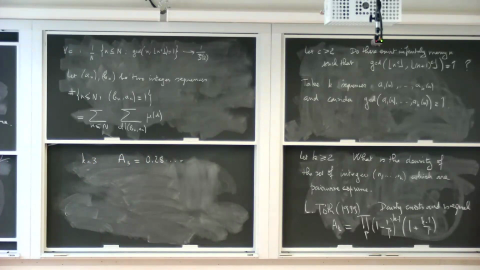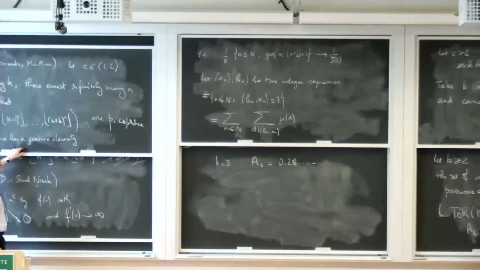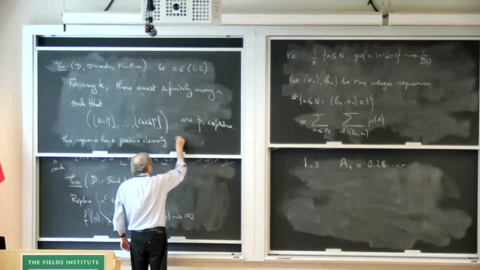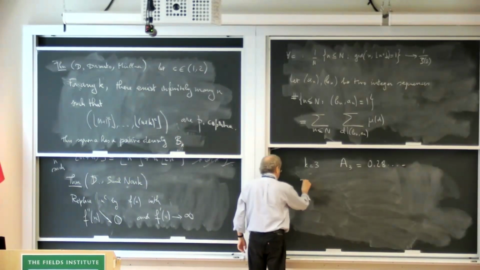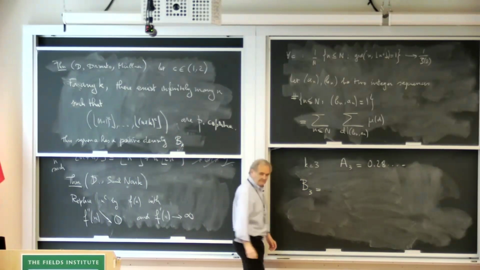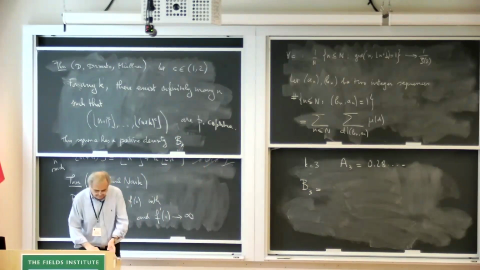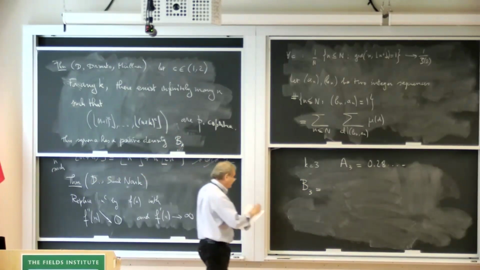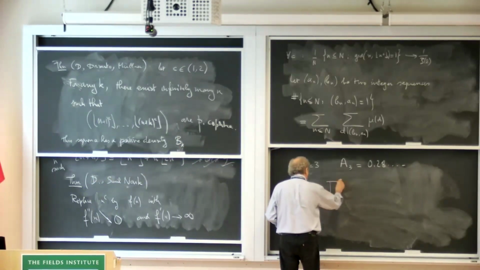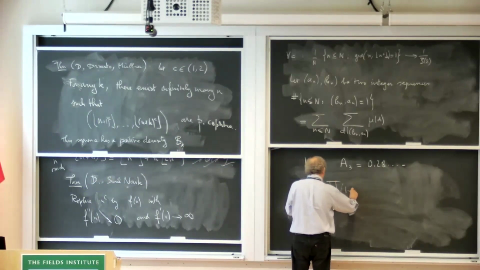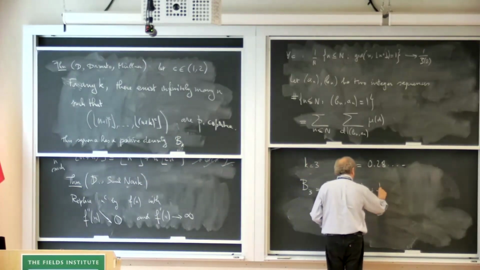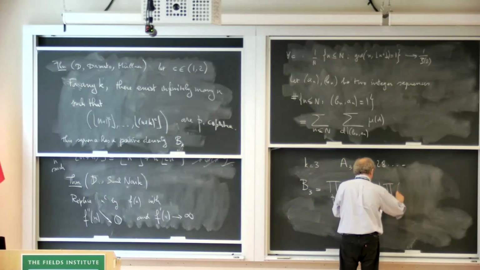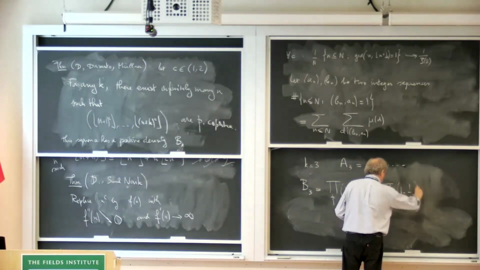What is interesting is that for this sequence, we have a different positive density, let us say B_k. For B3, we can write some Euler product, or rather a sum of two Euler products: the product over p of 1 minus 3 over p squared, plus 1/3 of the zeta squared product.